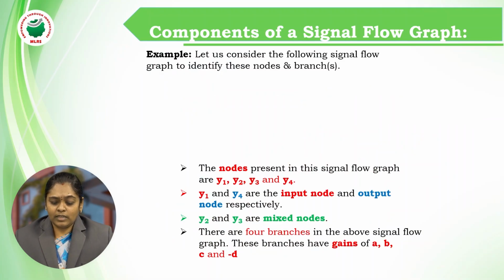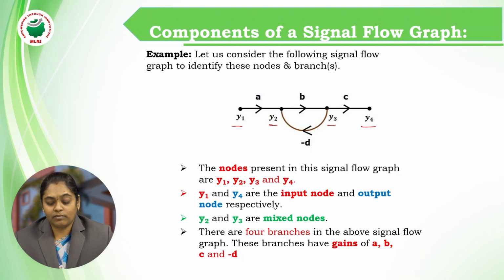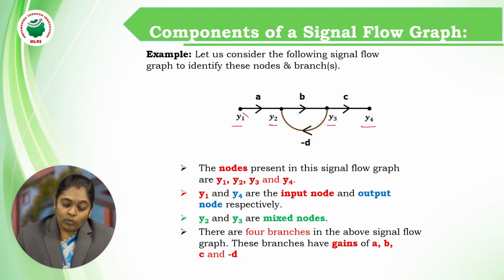Now let me consider the example. So in this case, it consists of nodes y1, y2, y3 and y4. So the nodes present in this signal flow graph is 4 nodes. Those nodes I am representing here as y1, y2, y3 and y4. If you observe here the node y1, from the node y1, the signal is transferring from y1 to y2.